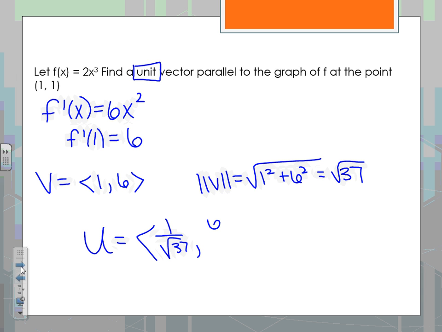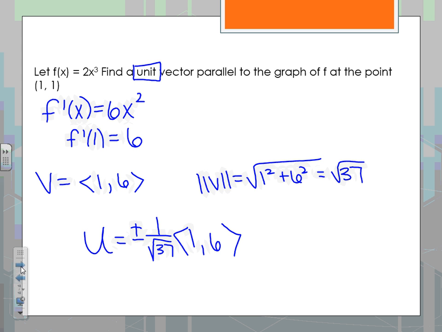So our unit vector is 1 over root 37 times 1, 6. I like root. It's nice and short. Now technically you could write it like this, because the scalar multiplication is given.